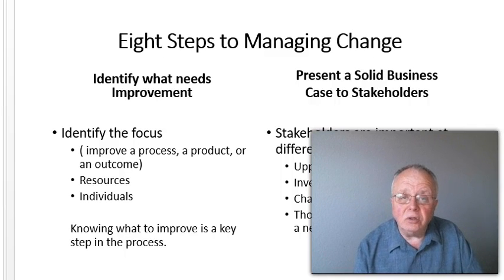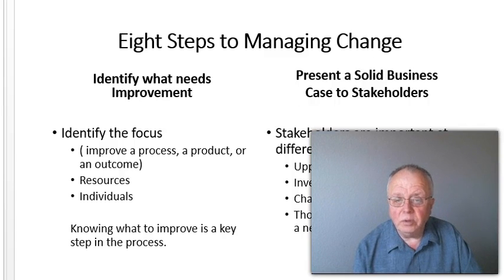Stakeholders are anyone or any group of people who have the ability to buy into an organization. They have a part to play in that organization, whether they be supervisors or the owners of the company or the employees or the managers. All of those are stakeholders in the process of managing change. Knowing what to improve is a key step in the process, and I cannot stress that enough. You need to know what you want to improve.